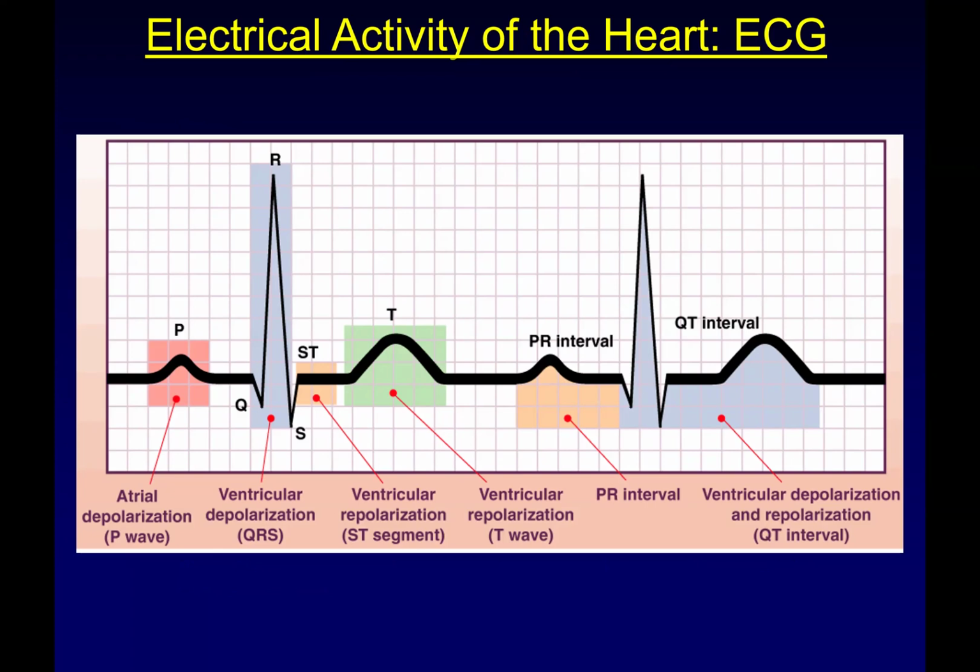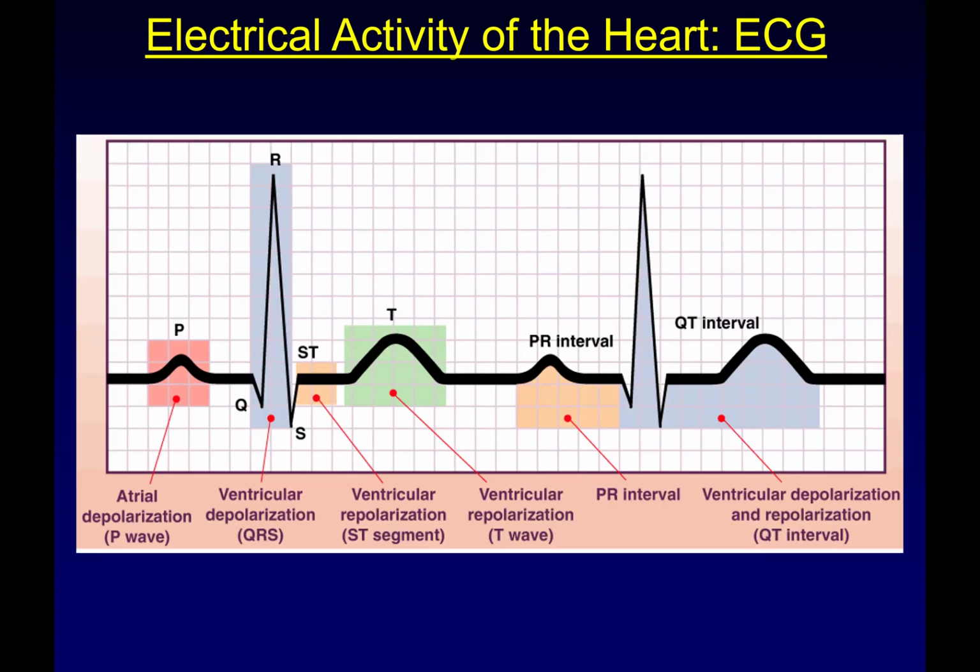What you have here with normal SA node driven rhythm is a P wave, which denotes depolarization of the atria. There's a normal SA node firing. The atria get an action potential, depolarize and go into systole. That is picked up, and that's what this P wave is.